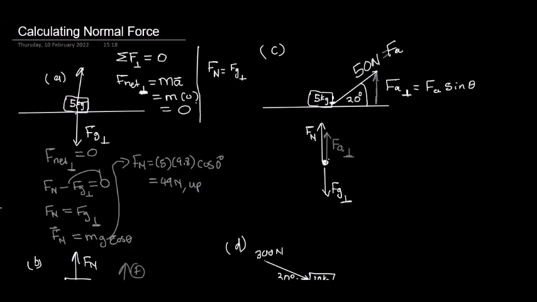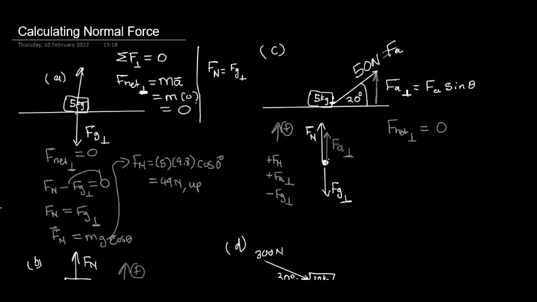Now, one thing that we should know is that F net for all the perpendicular forces is equal to 0. If we choose up as positive, it means that the normal force is positive, the y component of the force applied is also positive, but the gravitational force component is negative.